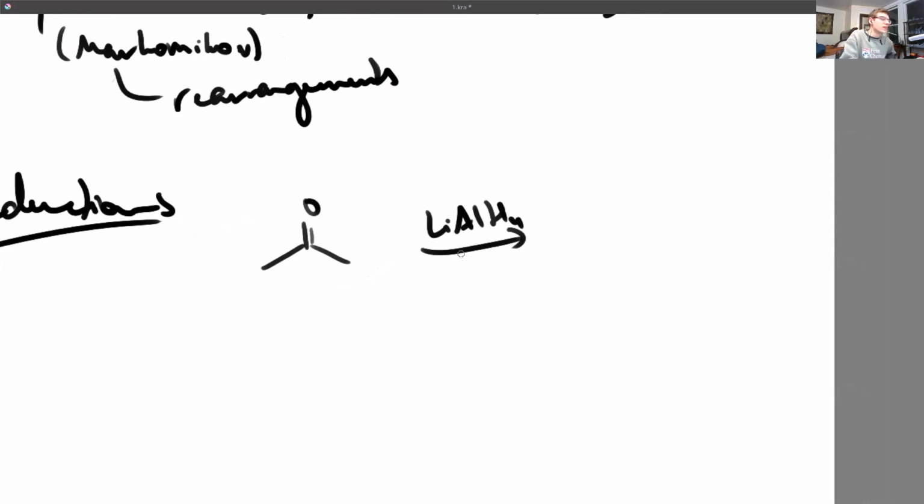So you could treat this lithium aluminum hydride as if it is just an H minus. Okay. And H minus is really strong, really good as a nucleophile. And up here, this is negative and this is positive. So this H minus is going to come in and attack at the carbon, right? It's going to kick these electrons up.